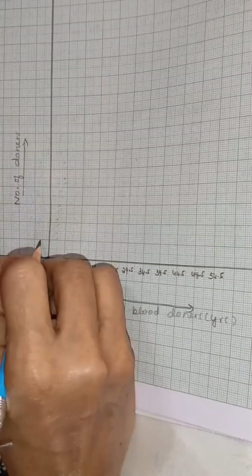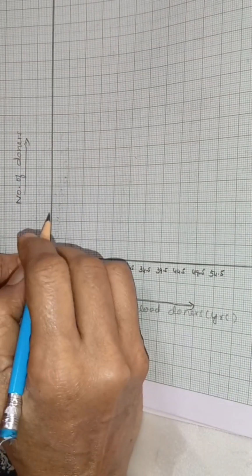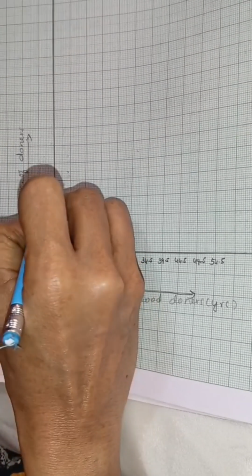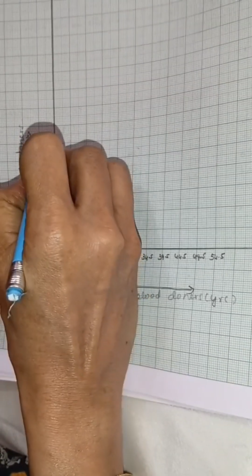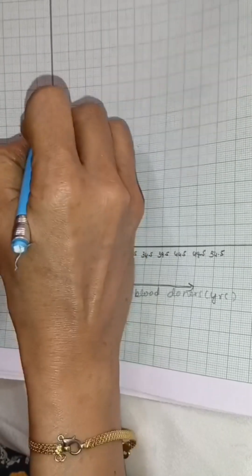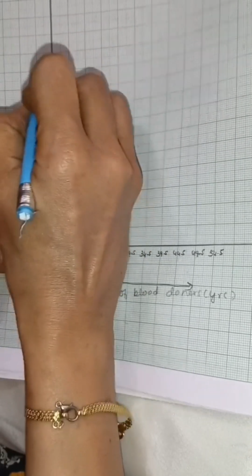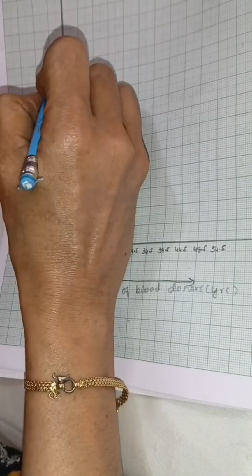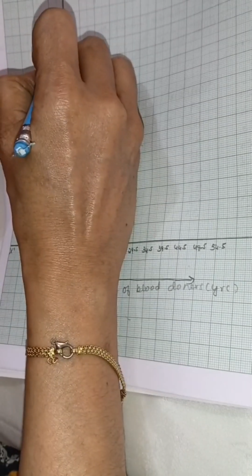And frequency on y-axis 5 donors, no? 5, 10, 15, 20, 25, 30, 35, 40, 45, 50, 55, okay, till 60 we will take.